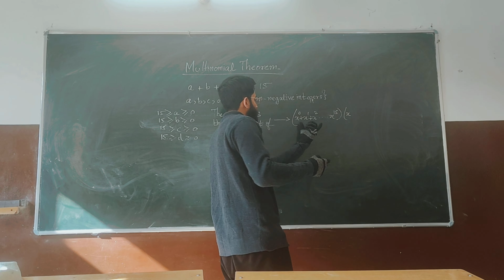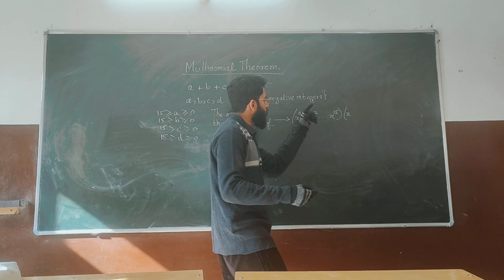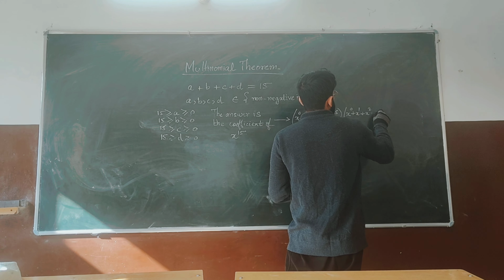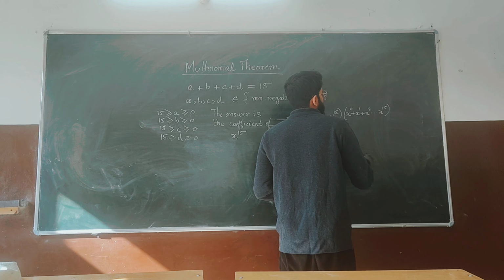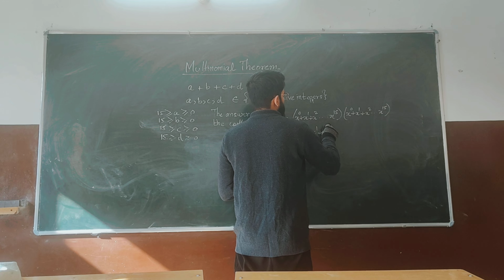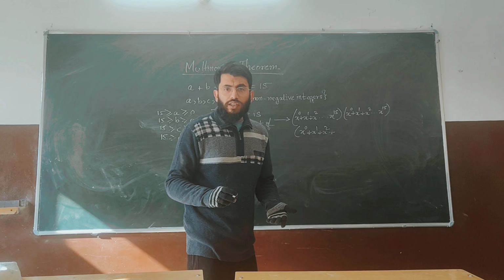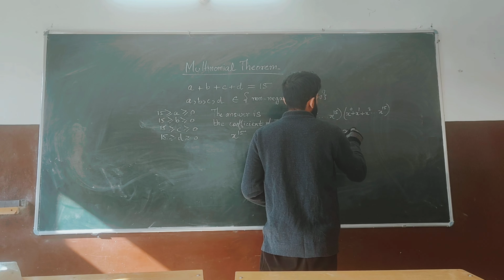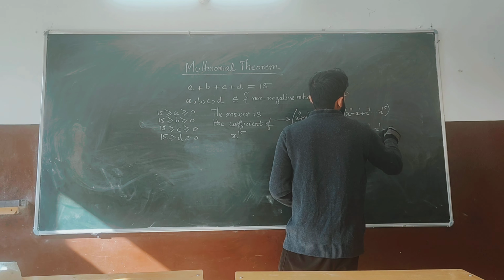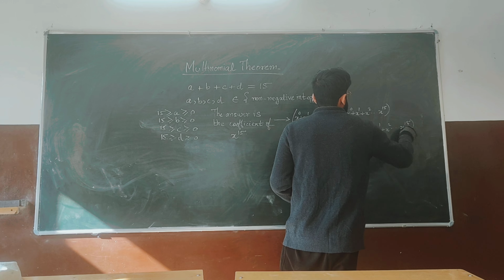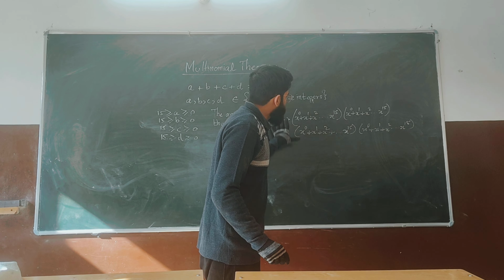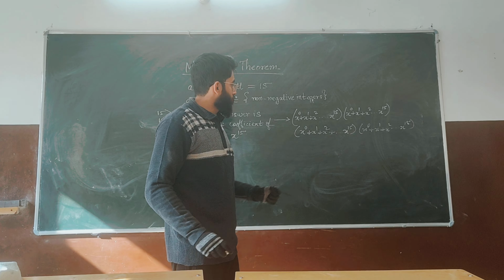Similarly, I multiply this entire summation by x to the power 0, x to the power 1, x to the power 2 till x to the power 15, and then multiply again with the same thing. I will tell you right now why I am doing this, so just bear with me for a second. I am saying the answer to this question is the coefficient of x to the power 15 in this expansion.